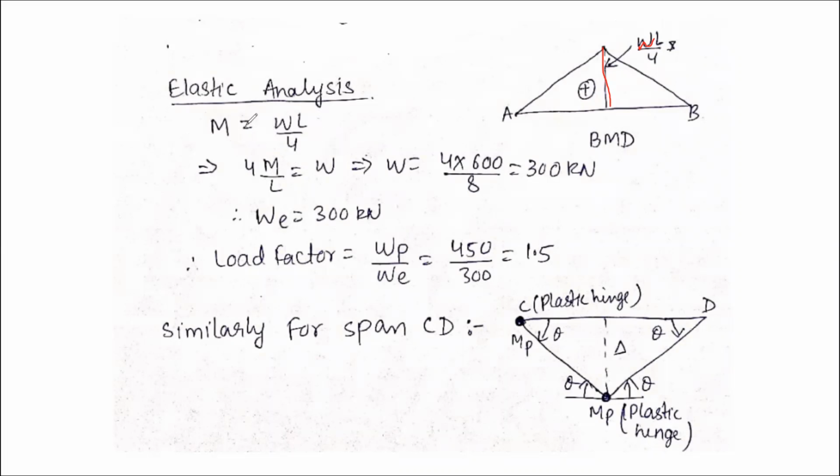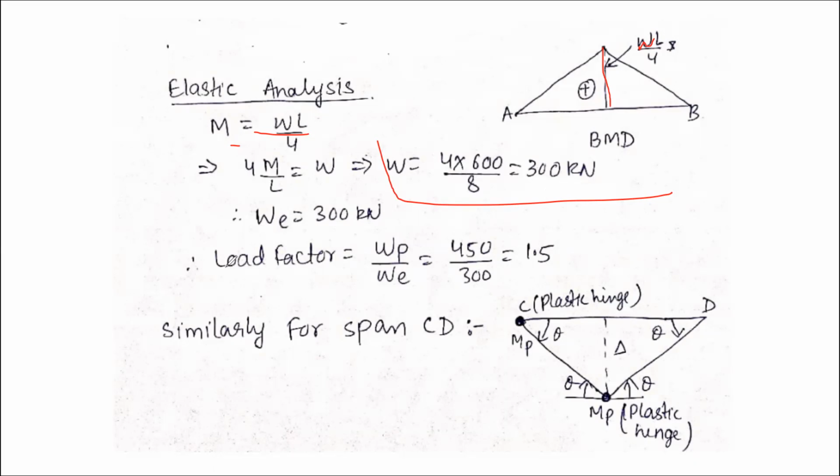So, for W, cross multiply para makuha natin yung W. Since meron na tayong value nito, meron din nito. So, lalabas tong equation na to: W is equal to 4 times 600 over 8 is equal to 300 kN.